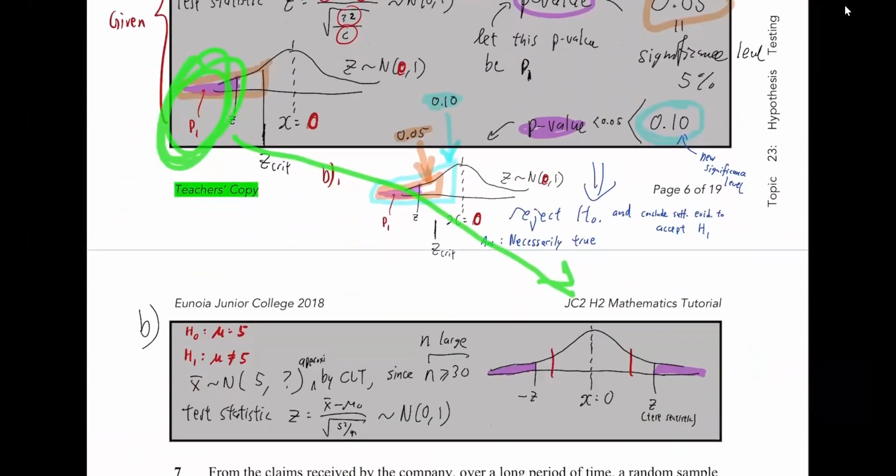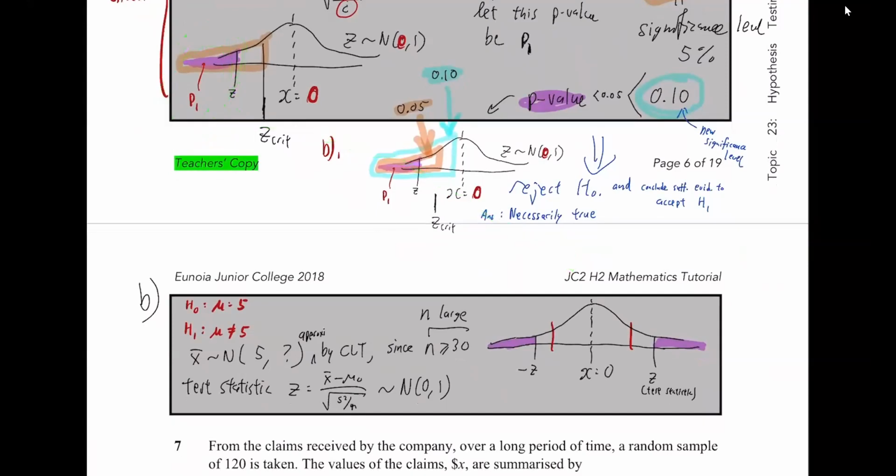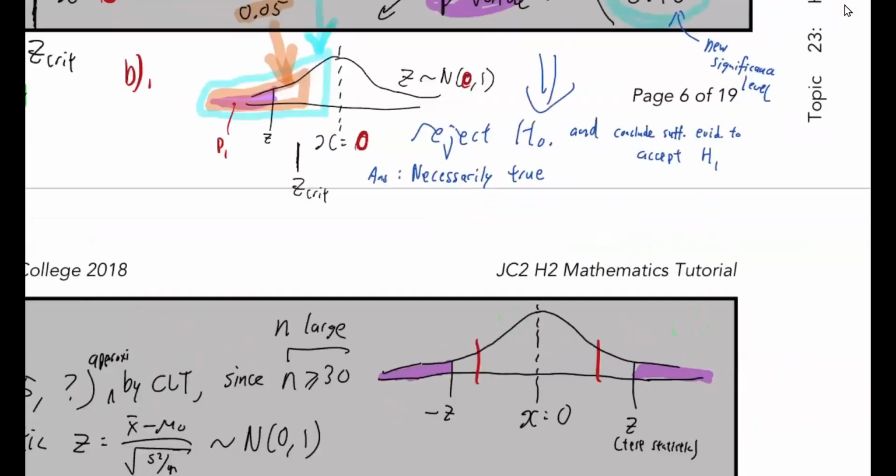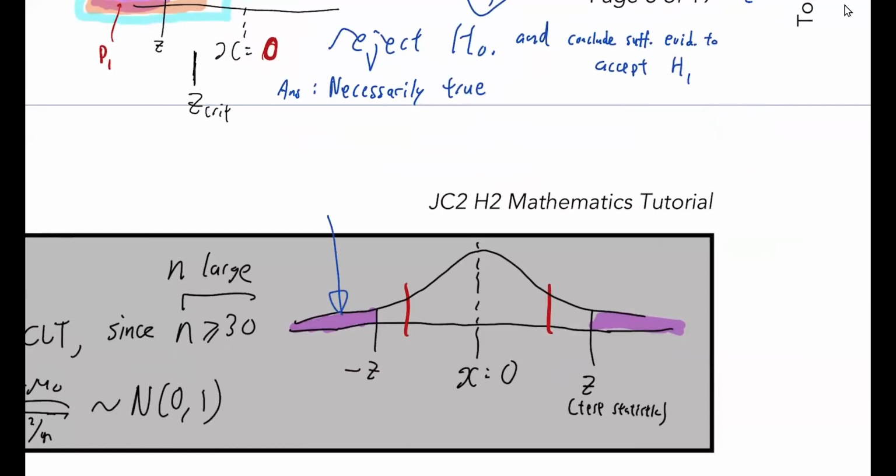It's like times half. The sum of these two must still be P1. But then that means that each piece must now be what? P1 divided by 2, P1 divided by 2. Agree? Yeah. Okay, good.